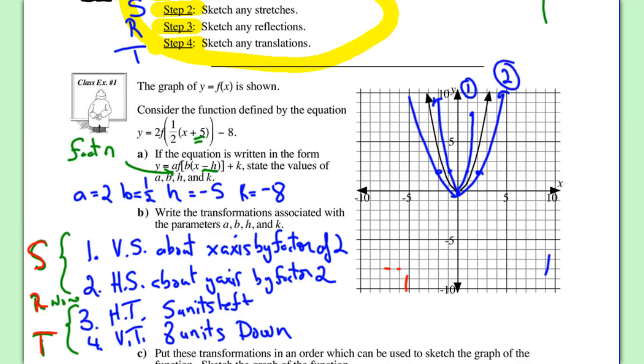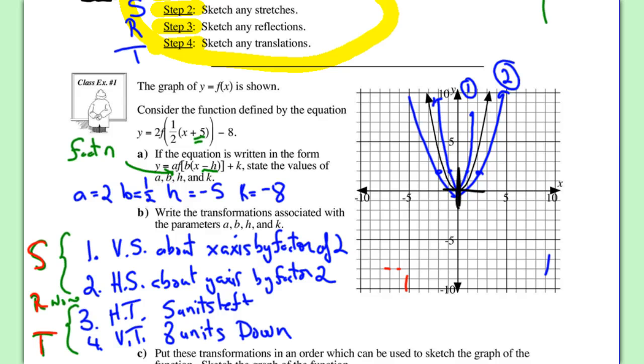So now we're done two things. We're done our stretches. Now we do our translations, and I think I'm just going to do all that at one time. I'm going to move everything over. One way to do this is we call it an imaginary axis. If I want to move everything over 5 left and 8 down, why don't I just pretend that this is my crosshairs right now. I'm going to make some new crosshairs.